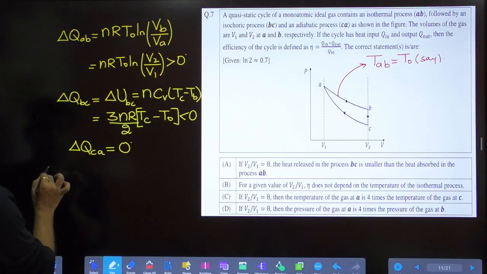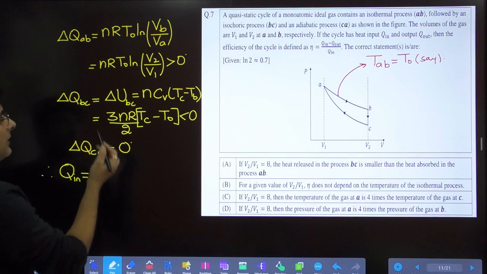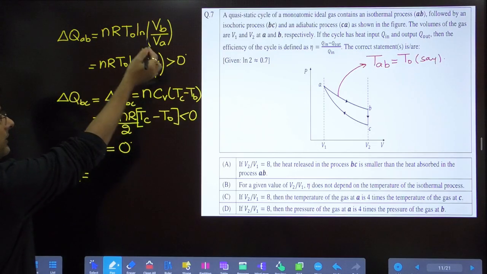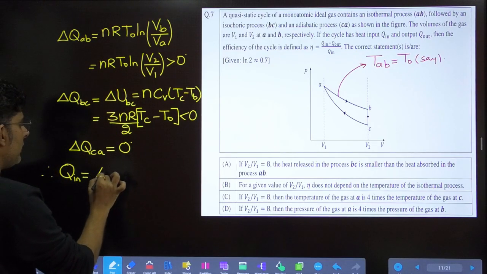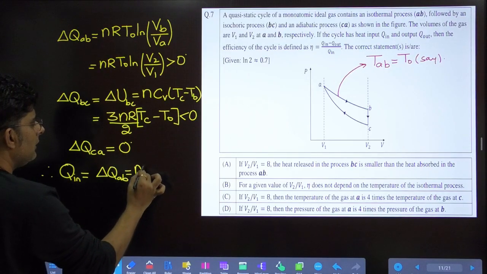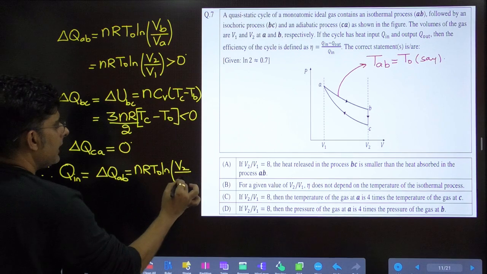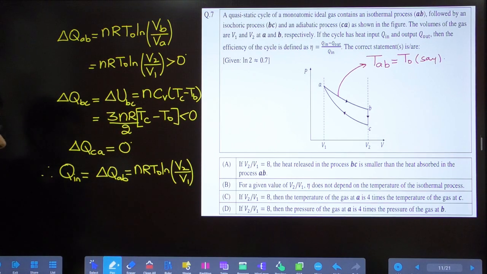since it is an adiabatic process, it is 0. So first of all, out of these three, Q in was the supplied heat, which is the magnitude. So obviously it is positive, so delta Q_AB is only Q in. So this value became nRT₀ natural log V₂ by V₁. Fine.